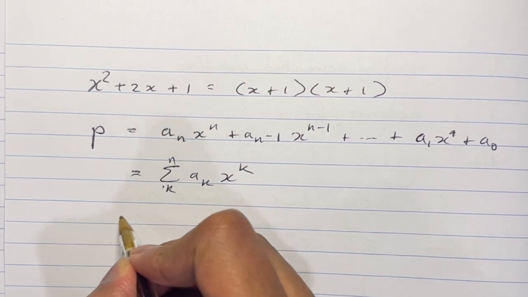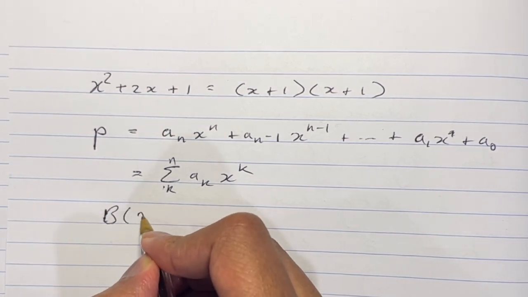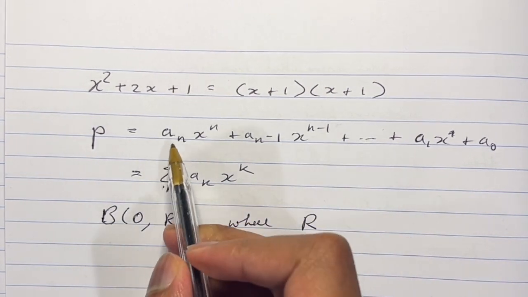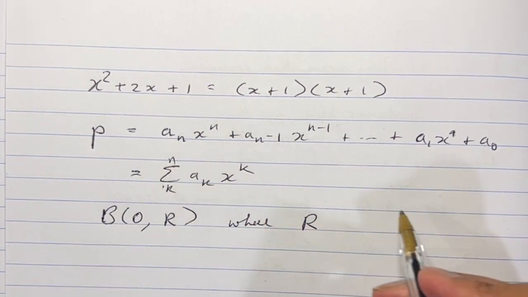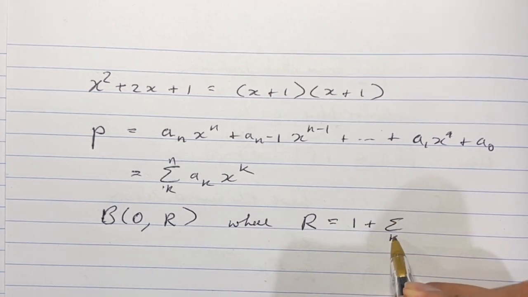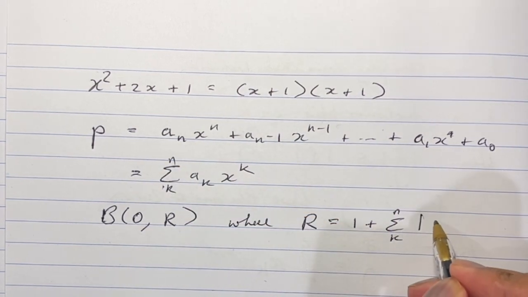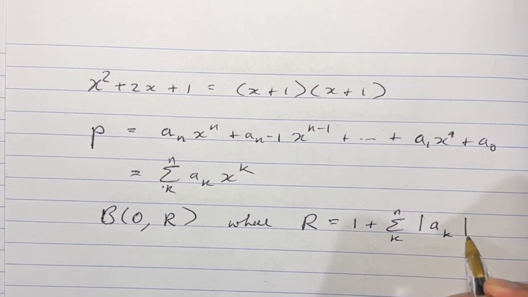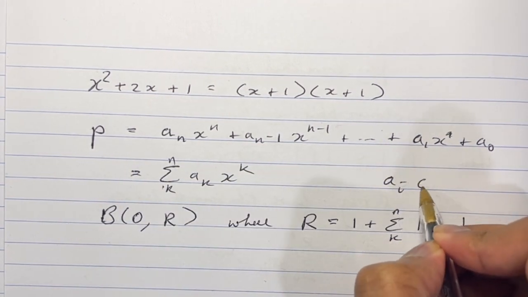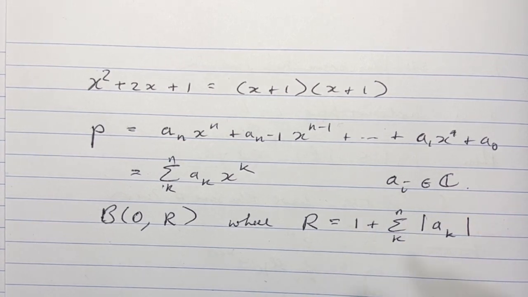Rouché's theorem tells us that the roots are in the open ball centered at 0 of radius r, where r, for these constants, is equal to 1 plus the sum from k equals 0 up to n of the absolute value of these constants. And these constants are complex numbers, so the a_i are complex. They can be real, but in general they're complex numbers.